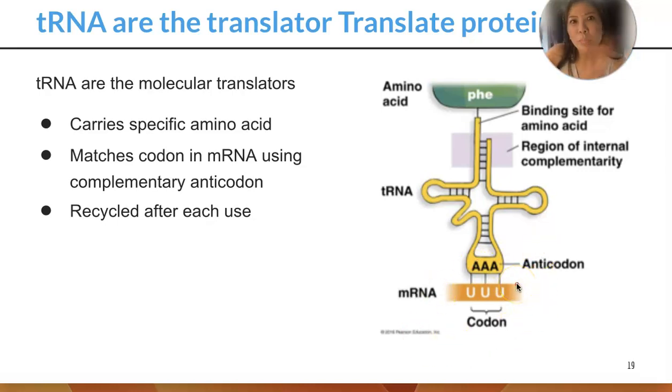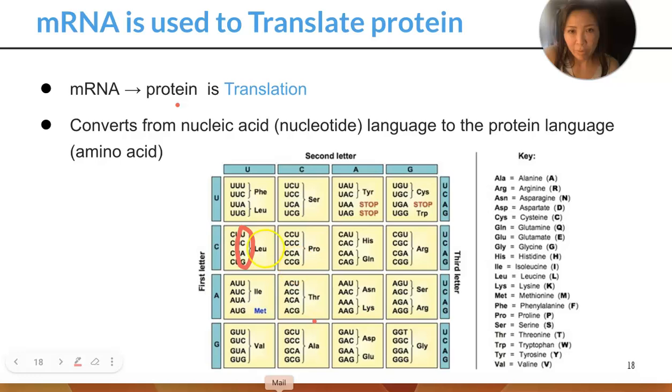That's the code for the protein. And the anticodon is complementary to the codon. So it's going to recognize the complementary sequence on that mRNA to bring the protein over. It's going to carry a very specific amino acid, and that amino acid that it carries is reflective of this table right here, right?